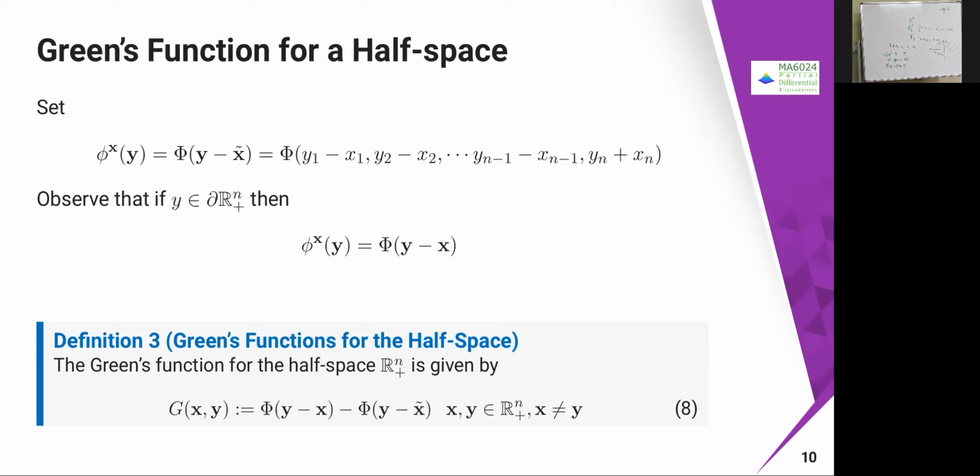Because your x is in the half plane, you are defining it to the reflection plane. So Φ of y minus x delta is going to become Φ of y1 minus x1, y2 minus x2, etc., yn minus 1 minus xn minus 1. The last one is going to become yn plus xn, because here minus xn is there, therefore it becomes yn plus xn.